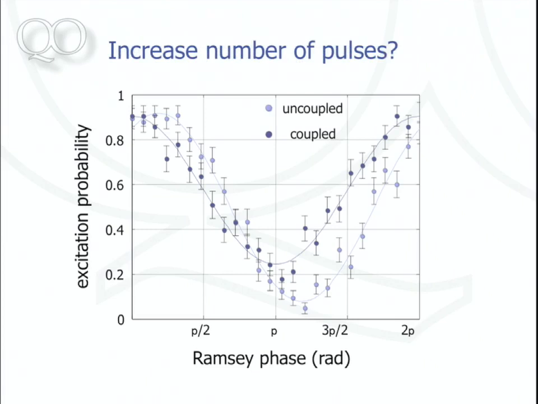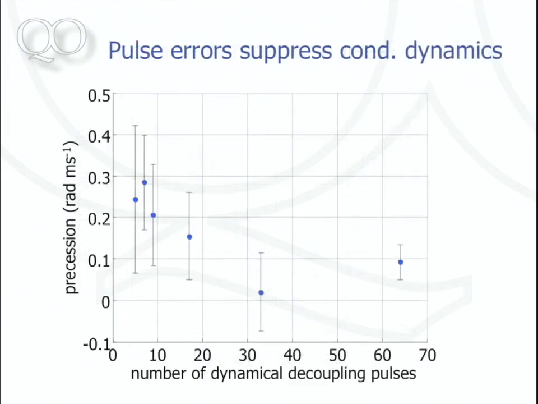This is a small phase shift. If we want to do a C0 gate, we want to have a pi phase shift, not just this little bit here. From usual dynamical decoupling, the recipe would be to just increase the number of pulses you're using. This increases the coherence time of your quantum memory. So that's what we did here also, but it was a bit disappointing.